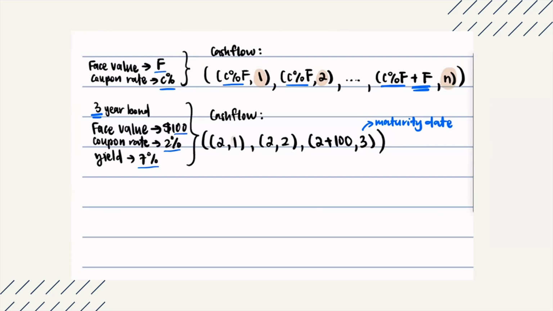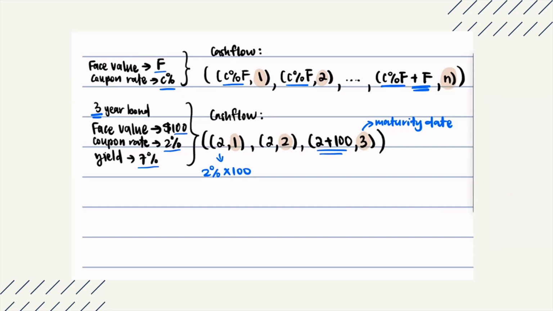At t equals 1, you would get your very first coupon payment, which would be 2% of 100, $2. At t equals 2, once again you would get $2 as your coupon payment. And at t equals 3, which is also your maturity date, you would get the coupon payment plus the face value. So 2 plus 100.